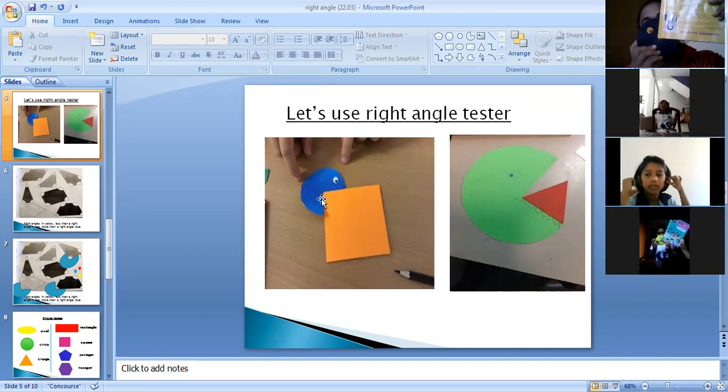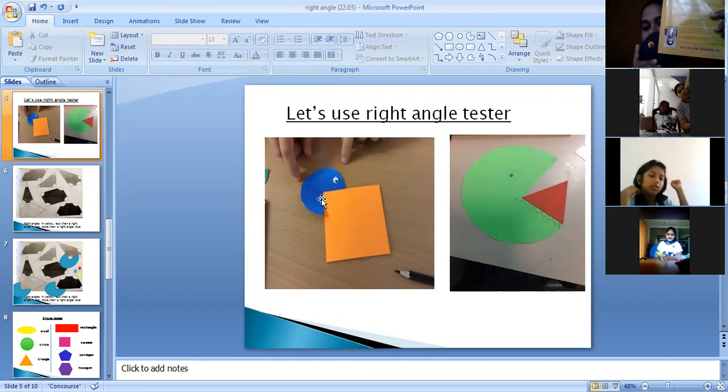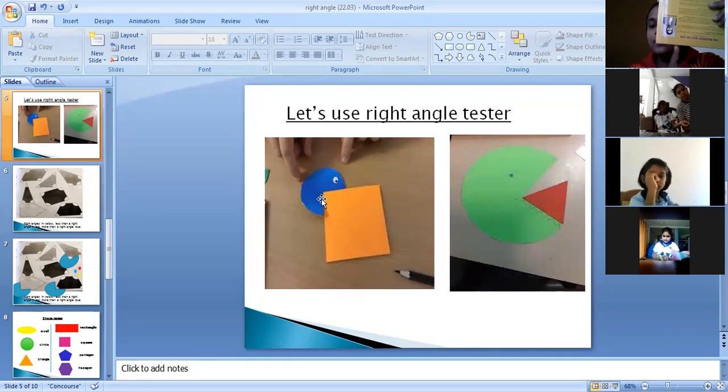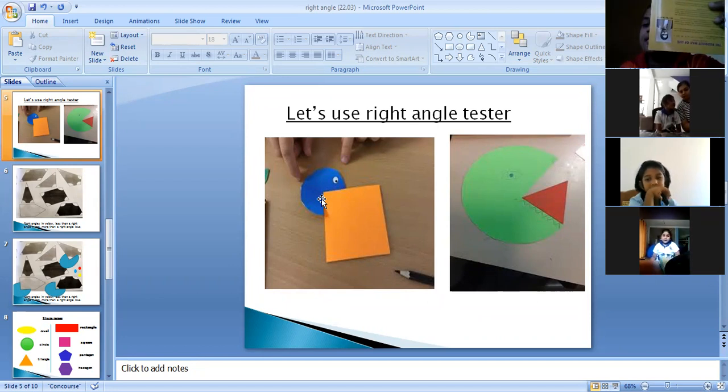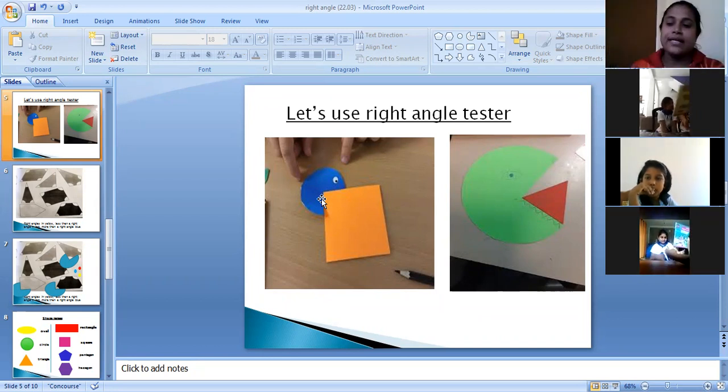Did you see? It fits properly. So we can tell that this corner is a right angle. If it fits properly to this, it is a right angle.